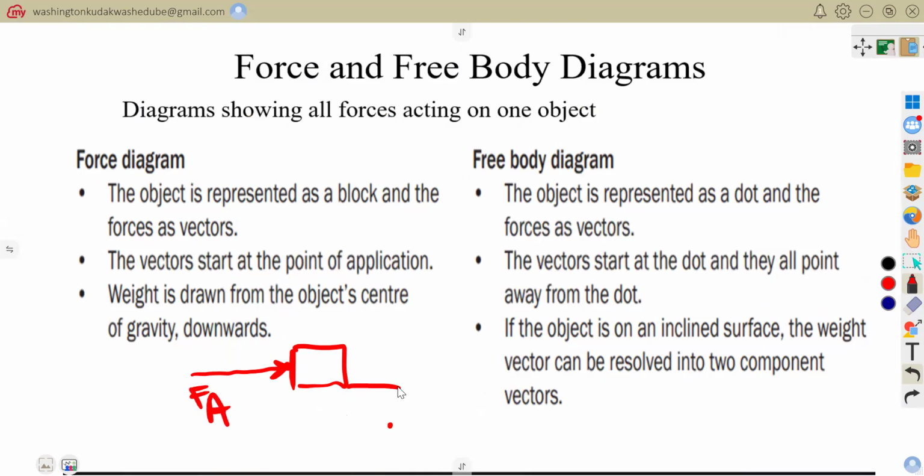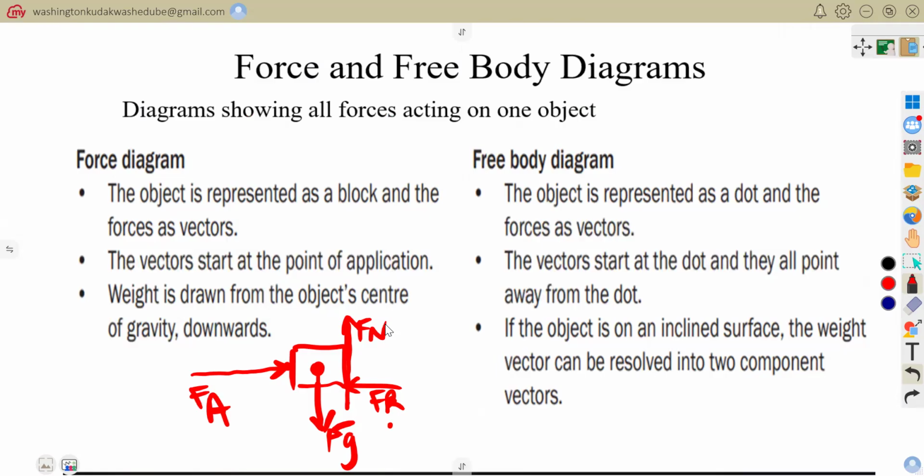And my frictional force is applied here; it is the opposing force. Due to the mass of this object, which comes from the center of the object, I would have my gravitational force. And due to the surface, I would have my normal force going in that direction.